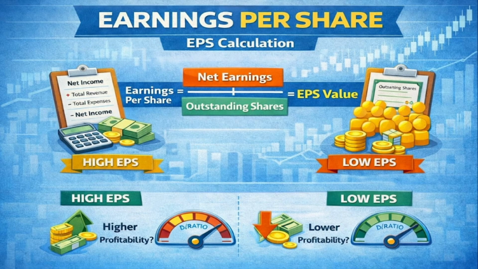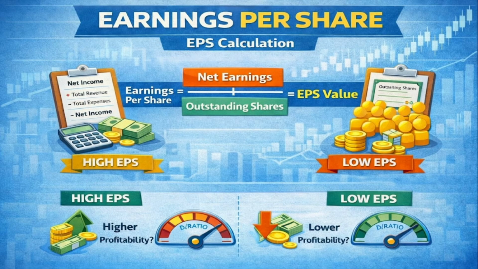Now, EPS, earnings per share, shows how much profit a company generates per share of stock. Earnings per share is net earnings divided by outstanding shares. So higher earnings per share means higher profitability and lower earnings per share means lower profitability. Investors usually care deeply about EPS growth because stock prices follow earnings over time.